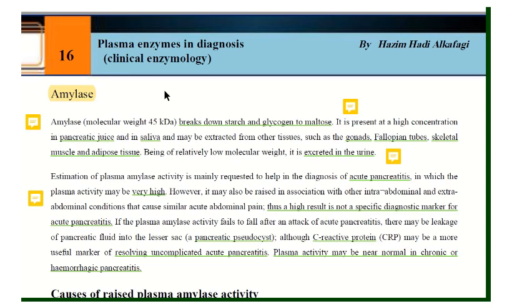الإكسكريشن مالته شلون يصير؟ فهو being a relatively low molecular weight, it is excreted in the urine.